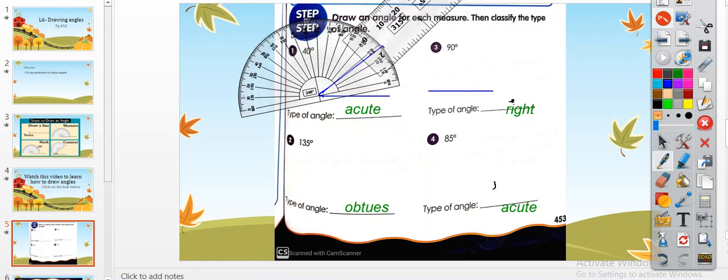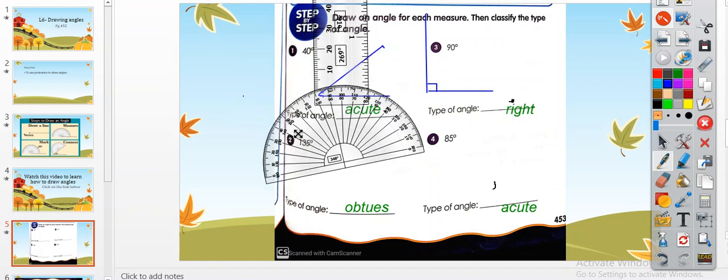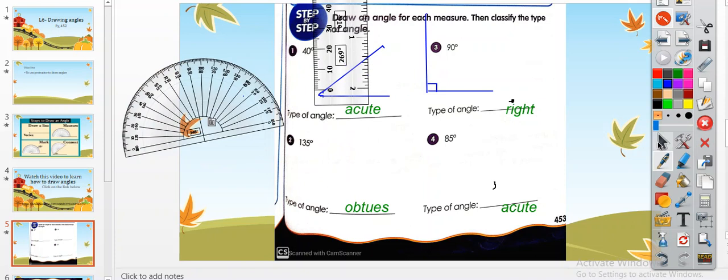Okay, place it in the correct position. Make sure that you will draw a straight line. Yes, this is it, and here is the right angle. Okay, now it's this one's turn.